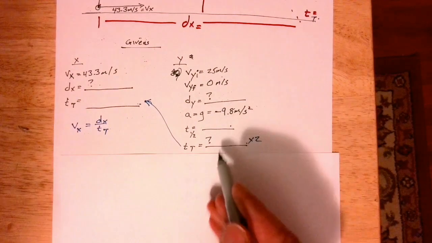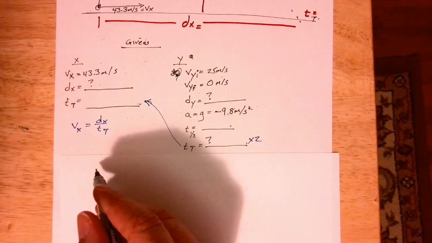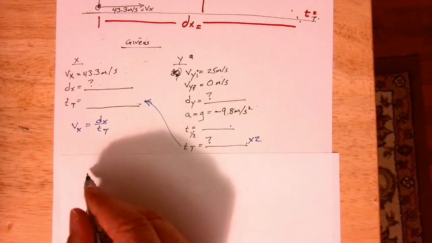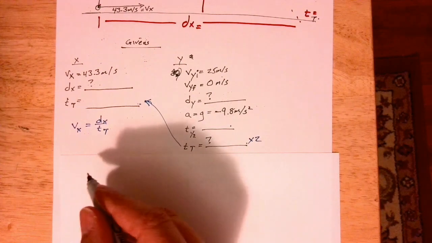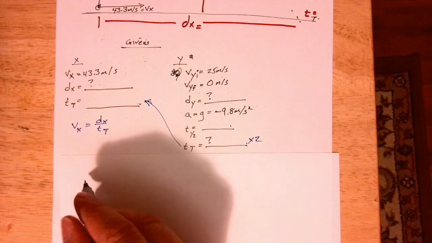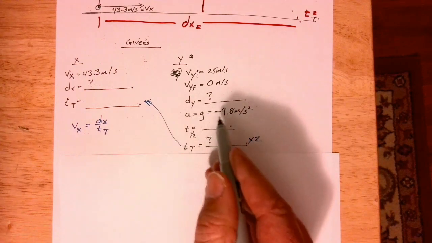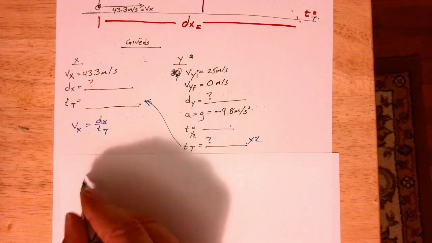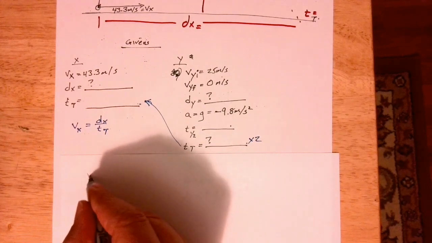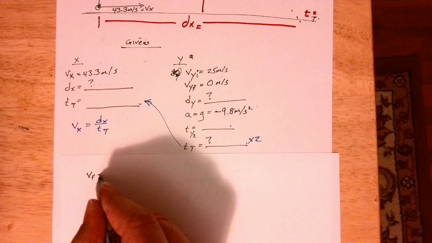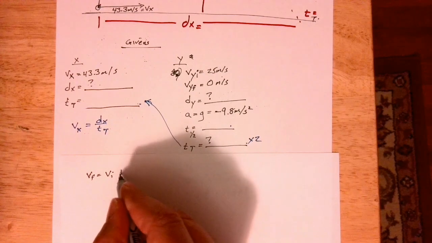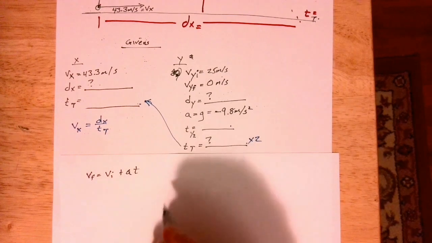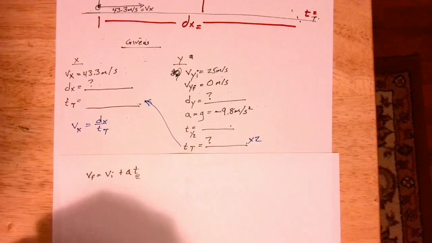In the y direction, sometimes you can do this one a different way, but try to use the one where you're actually using the variables already given to you. So right now I'm going with VF is equal to VI plus AT, and I'm going to use this to solve for time.